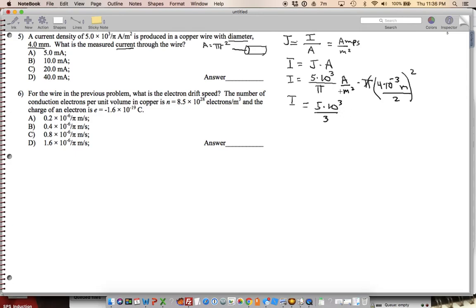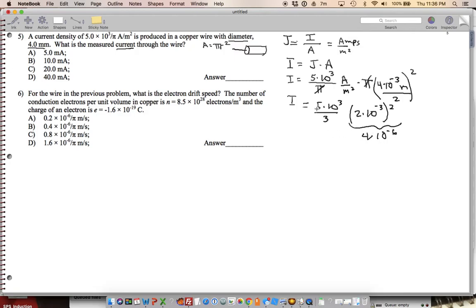I get to cancel my pi's here. That's handy dandy. And now 4 over 2 is 2. So this is 2 times 10 to the minus 3 squared, sorry. So this is 2 times 10 to the minus 3 times 2 times 10 to the minus 3. So that's 4 times 10 to the minus 6.